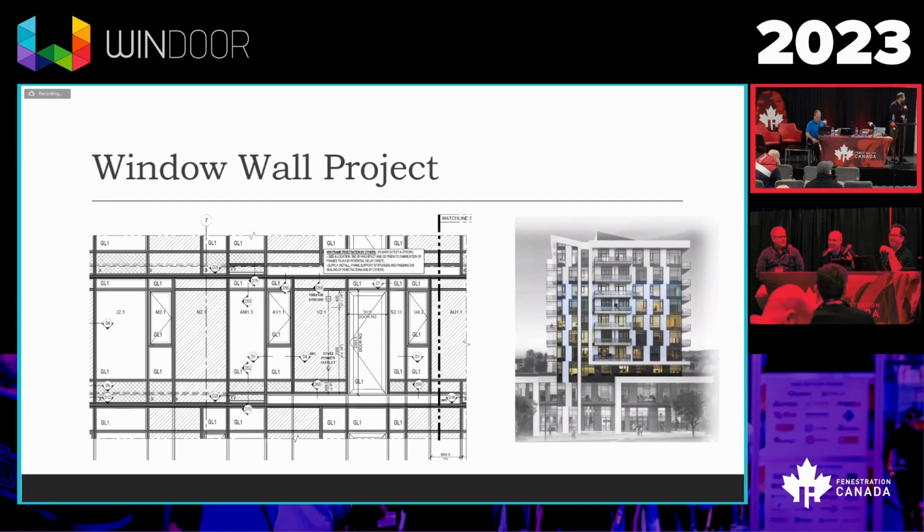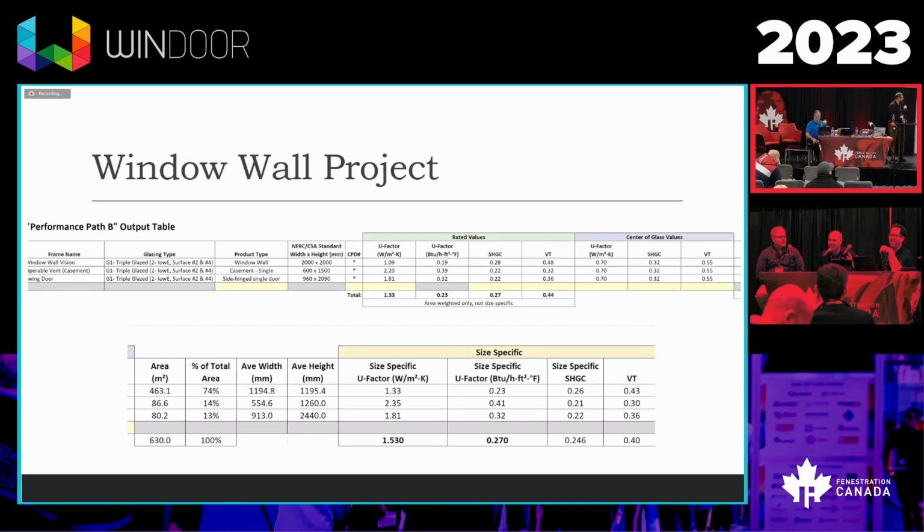If you just averaged the CPD numbers, the requirement for this job was 1.44, and they got a 1.33. They passed. Woo! But when I went through the calculator, it actually fails. I already suspected that, but it was interesting to bring it up and say you need to make some adjustments now, because if the City of Vancouver Energy Modeling Guideline gets brought into the discussion, I have no way of helping you beyond this, because I know it's going to fail.